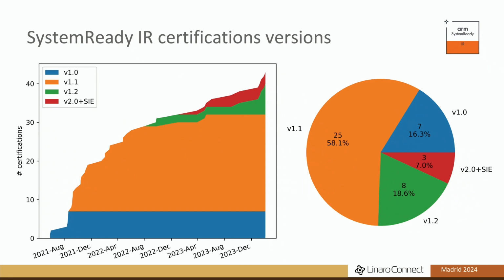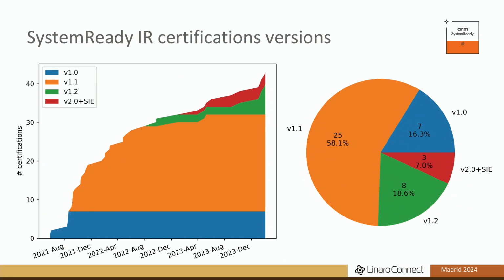So here we see the IR certification versions over time, with the graph on the left over time and the chart where we were a few weeks ago on the right. The fair share of the IR certifications are IR 1X certification, more than 90%.